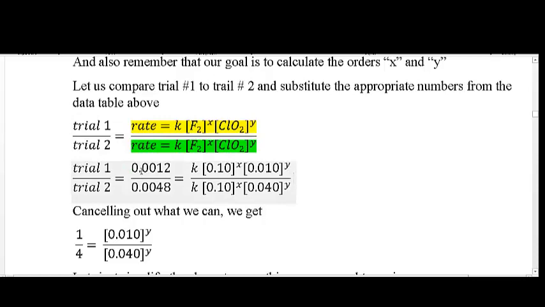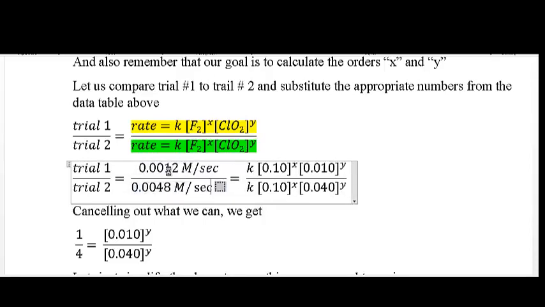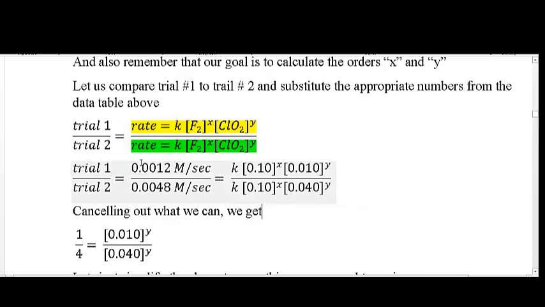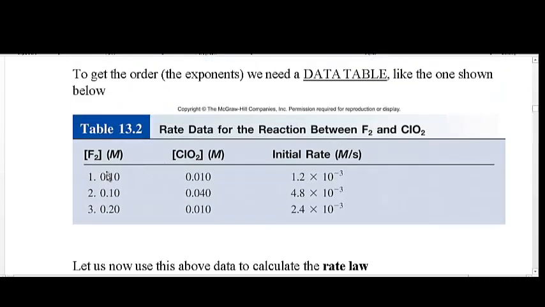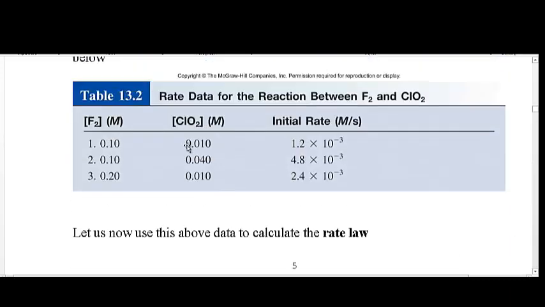One thing I didn't do here was put the units, but the units are M over second. The rate is M over second, and so that rate is going to equal our rate law, K times the concentration of F2 at experiment 1, which if we go back up to our data table, was 0.10 molar. The concentration of ClO2 for experiment 1, if we go back up here, was 0.01.